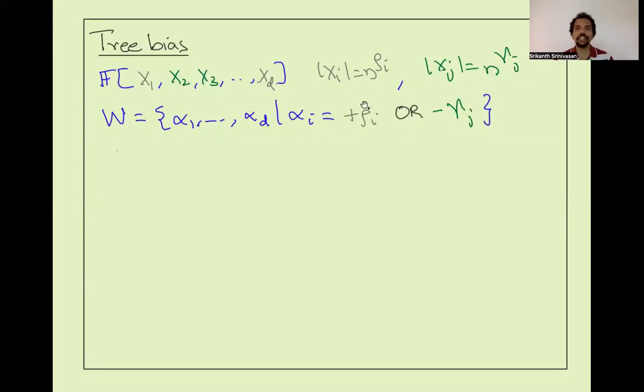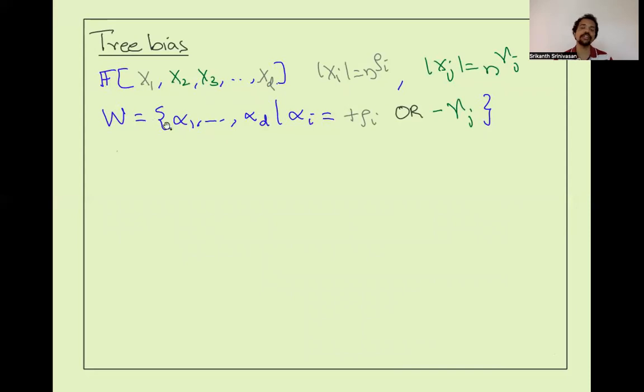All this information can be packaged together neatly in a single set of signed numbers. So what is this set? We take the multiset of numbers alpha 1 through alpha d, where each alpha i is going to be plus rho i if x_i is a gray variable set of size n to the rho i, or it's going to be minus gamma j if x_j is a green variable set of size n to the gamma j. These numbers both capture the sizes of these sets, and their signs capture whether they're gray or green.